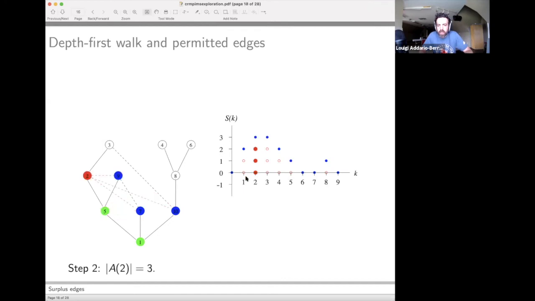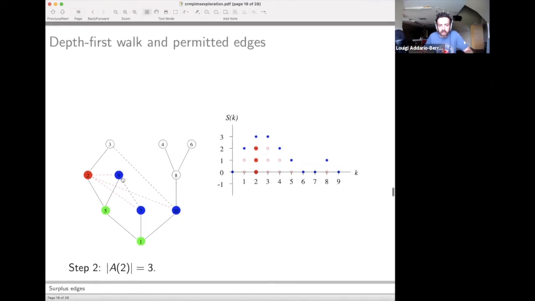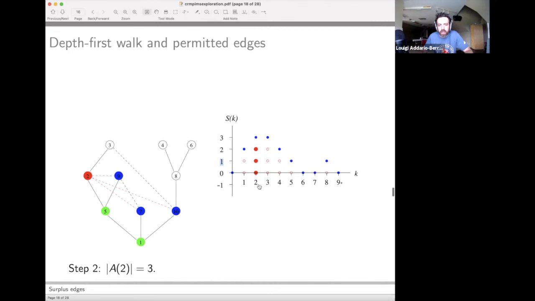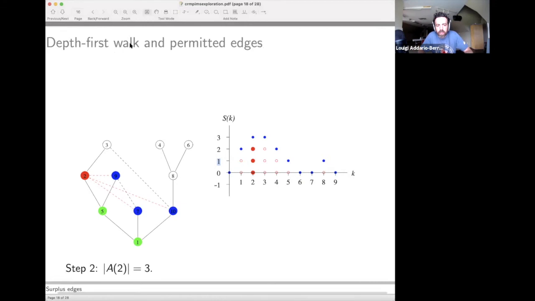Likewise, any edges from vertex 2 to 7, 9, and 10, the things in the Q when 2 is explored, wouldn't change the depth first tree, and we can equivalently represent those by these points under integer 2 on the depth first Q process S. Okay, and so on and so forth.